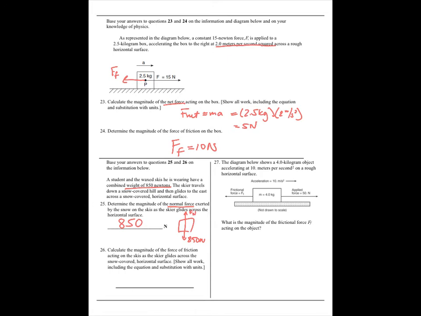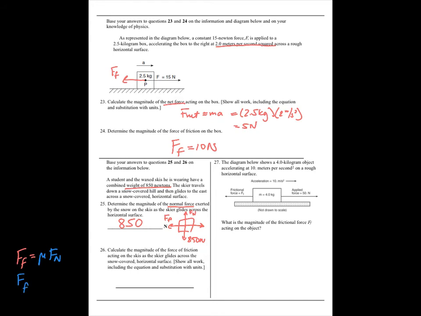Okay, now we're looking for the force of friction. The applied force and the force of friction, well, actually, doesn't really tell us much if he's accelerating or going at a constant rate, but we can solve for the force of friction anyway, given that the force of friction is equal to mu times the normal force.